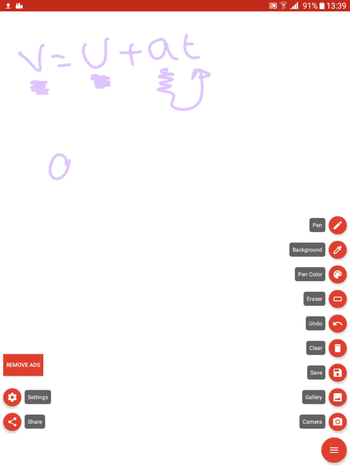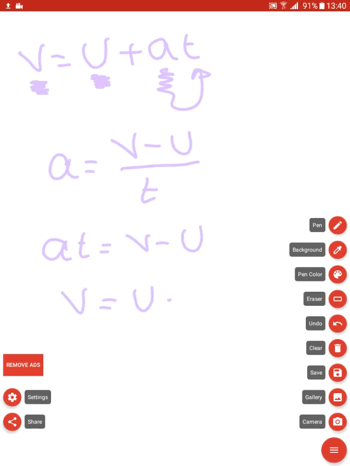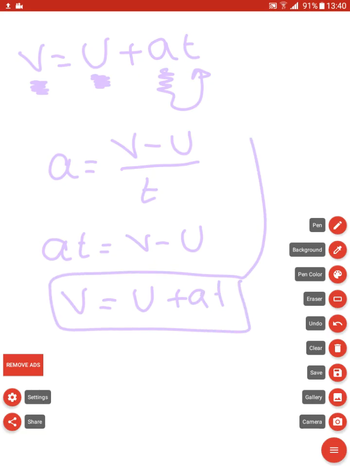This equation is known very well to us: a equals v minus u over t. We multiply a by t, which is equal to v minus u. So v equals u plus at. This is the first equation of motion.